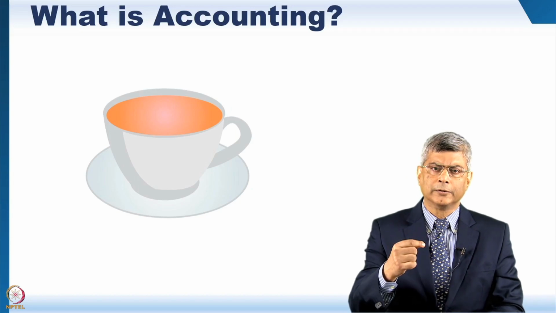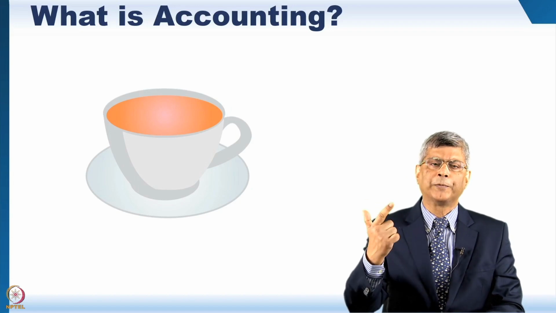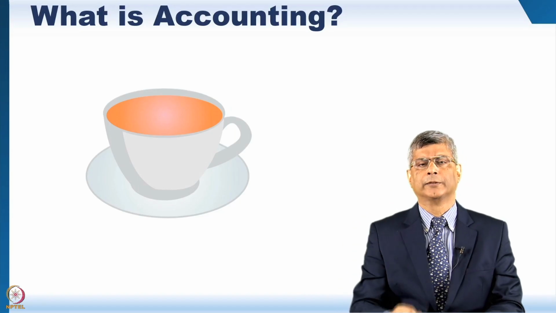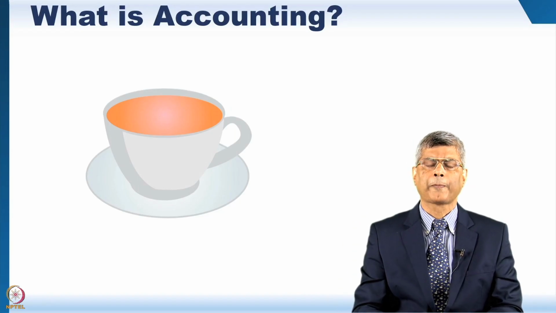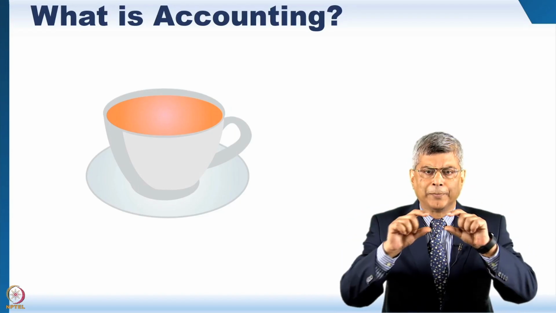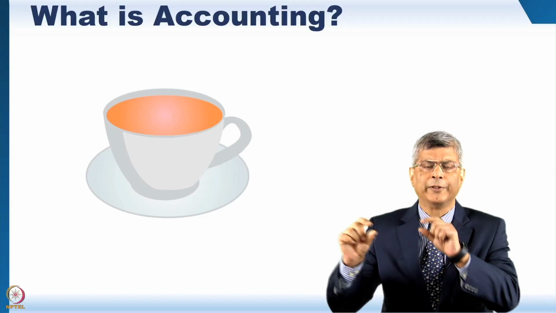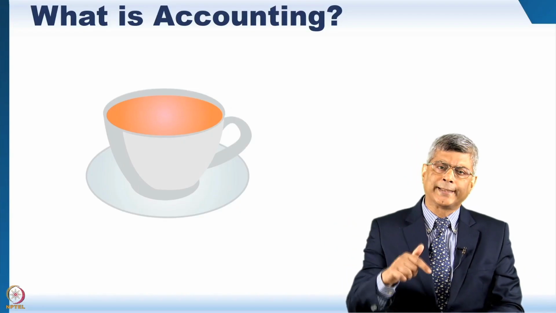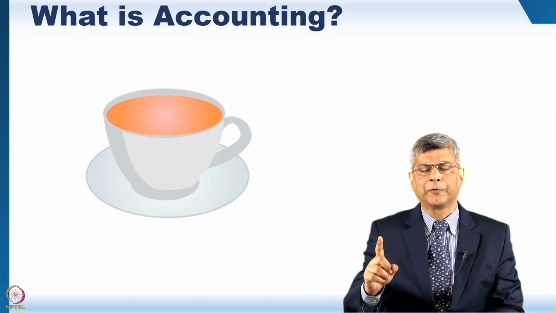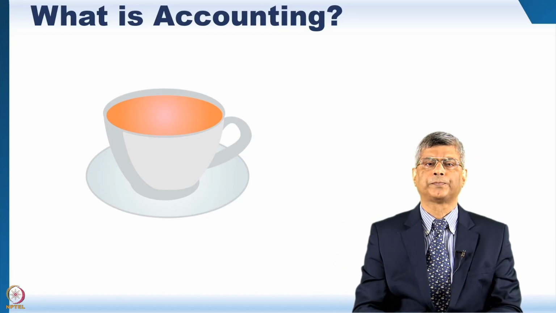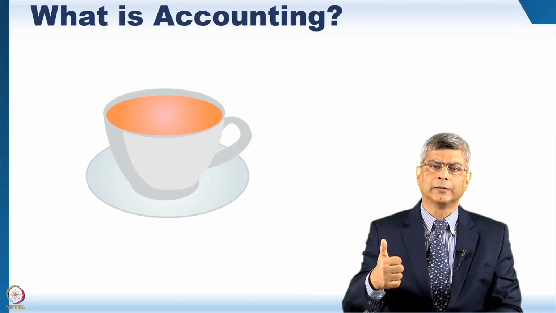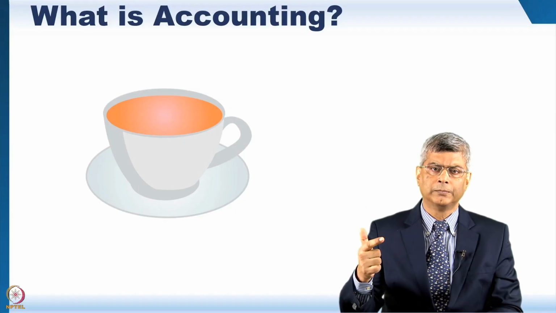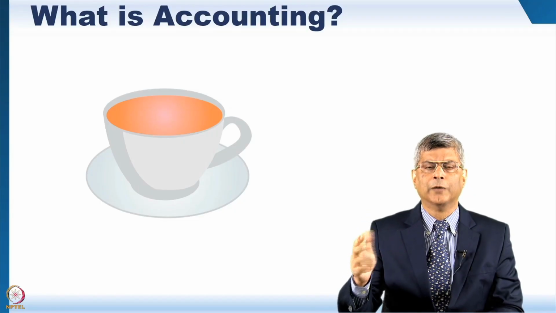Now let's say I sell 1 cup of tea at 100 rupees. Then 100 rupees is my sales or revenue. Now let's say to make that 1 cup of tea at 100 rupees, I buy milk, sugar, and tea for 80 rupees.